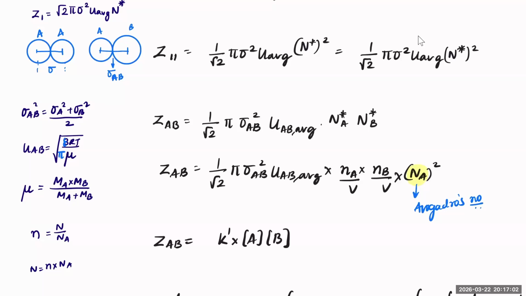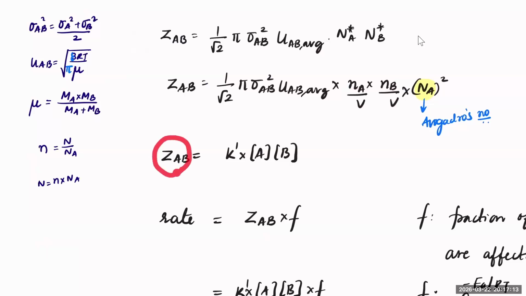Hence, now have you noticed something? Na by V is basically the concentration of A. Nb by V is the concentration of B. Therefore, ZAB is equal to, these entire things are constant: pi sigma square, root 2, U average, 8 RT by pi, all of these are constant values, right?